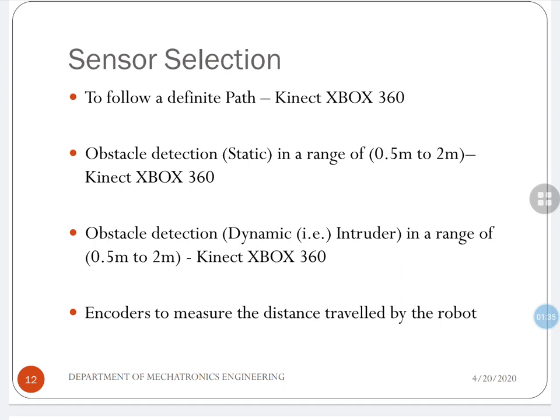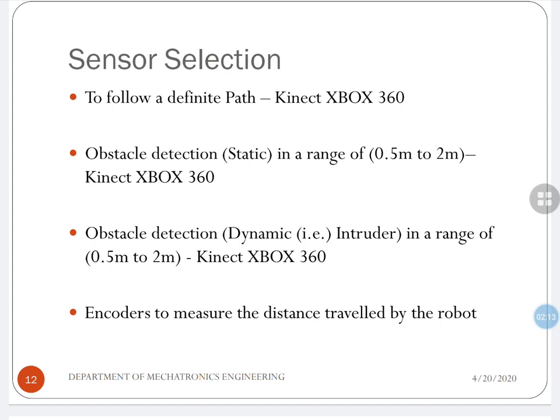The main methodology of doing the surveillance operation with the Qbot system is to draw a definite path along the sides of the lab, and the robot will be moving following the path. Static obstacle detection will be done by the robot using the Kinect Xbox 360, so it will be able to do obstacle detection and collision avoidance.